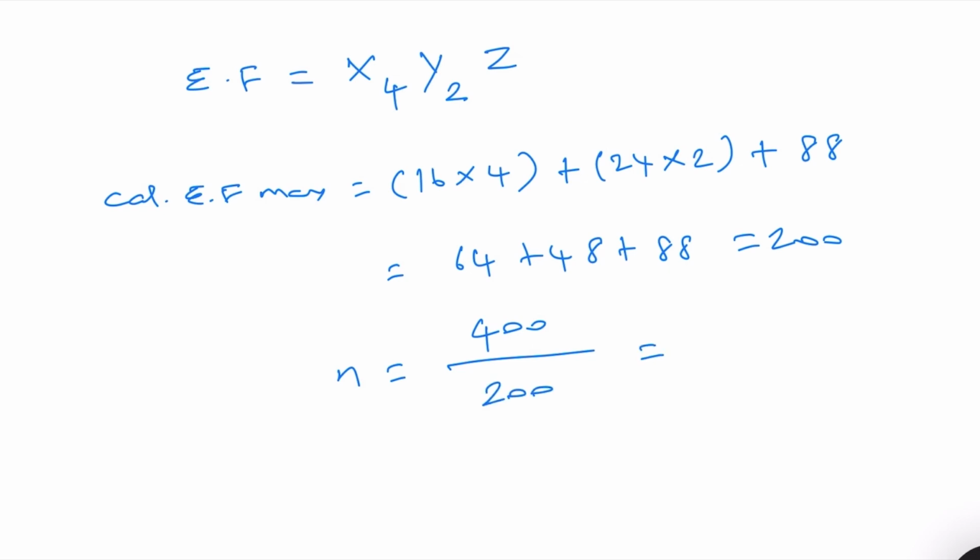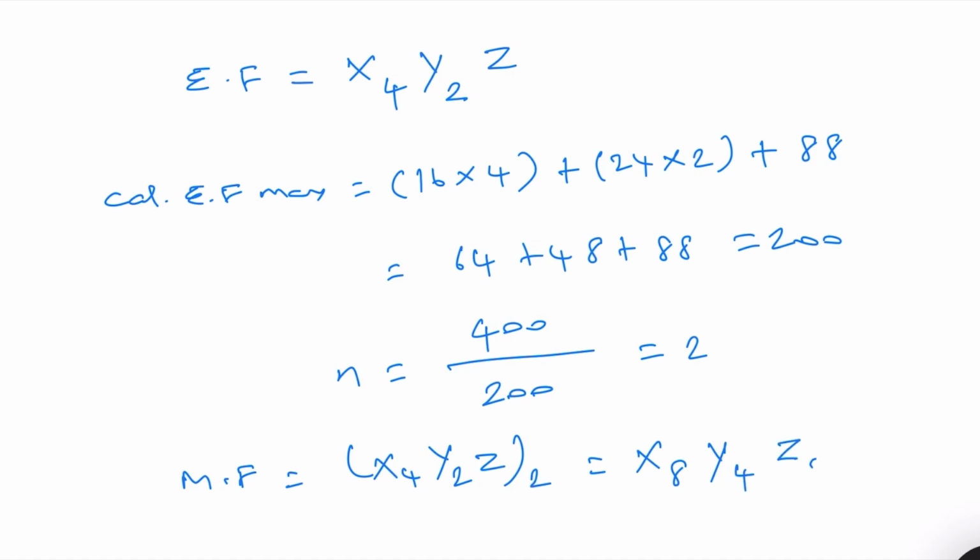So, this is simply 2, and therefore, the molecular formula is equal to X4 Y2 Z times 2, that means X8 Y4 Z2. That is the molecular formula.